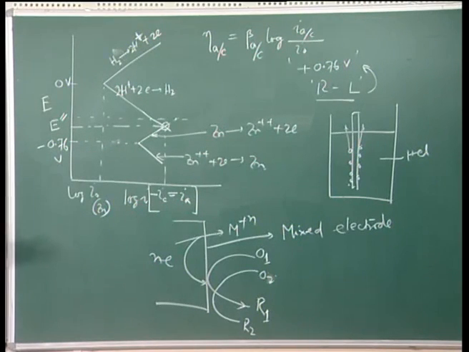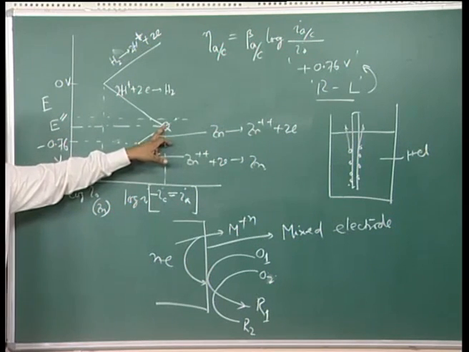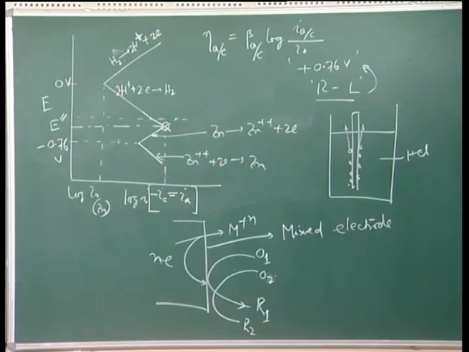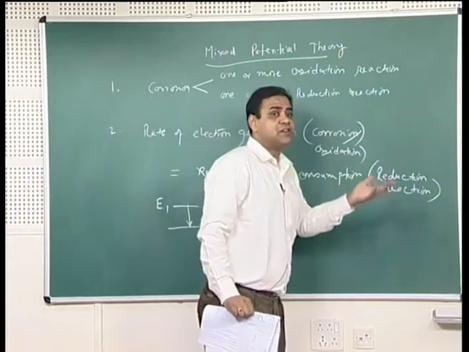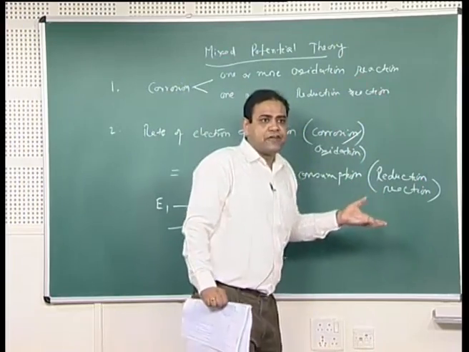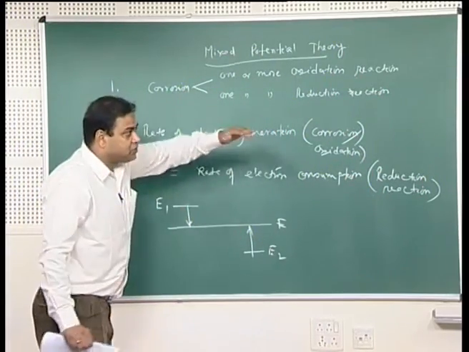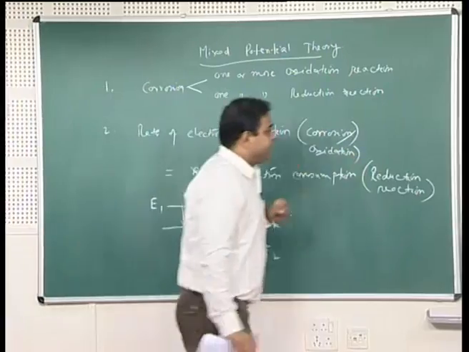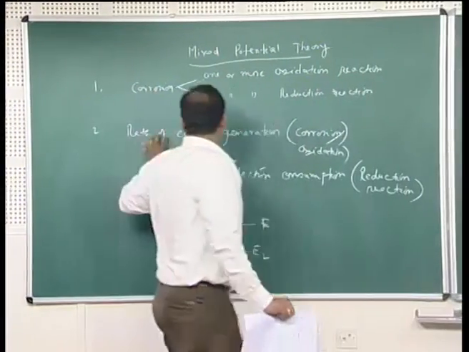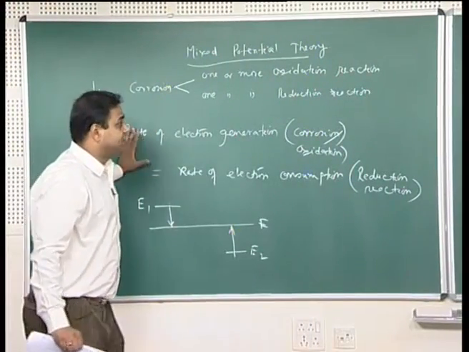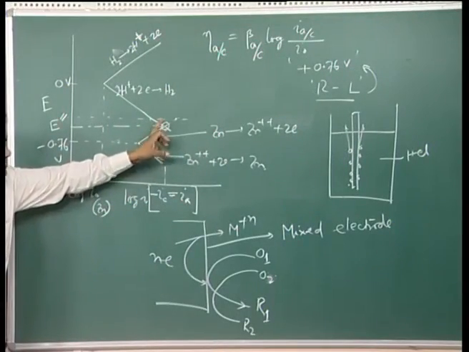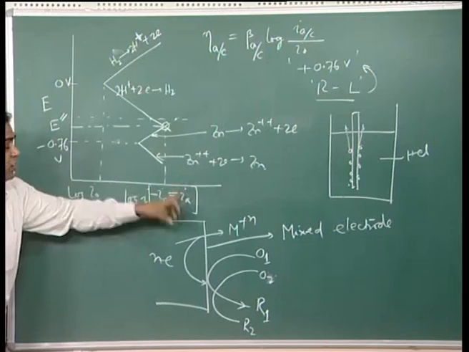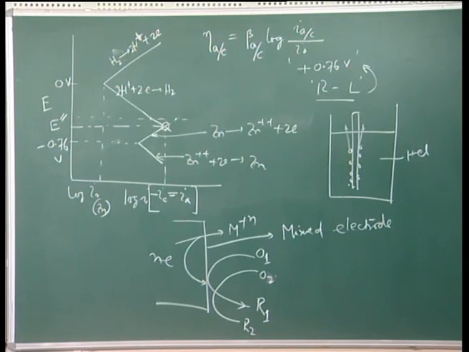So this is my new point where the potential becomes equal for both cases, and potential means free energy, so the free energy is reaching a particular value. Again, the second concept is also valid: the rate at which the cathodic reaction is happening is equal to the rate at which the anodic reaction is taking place.